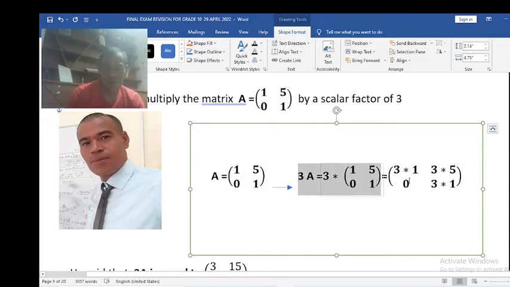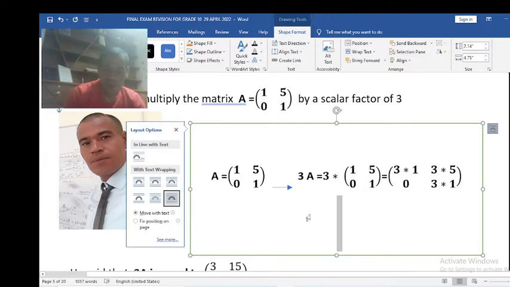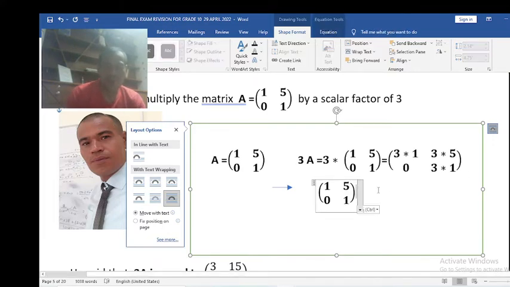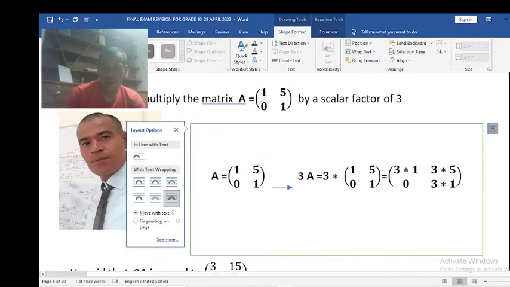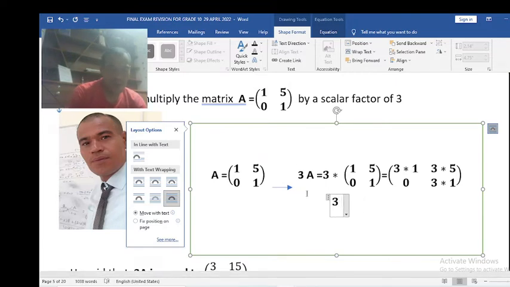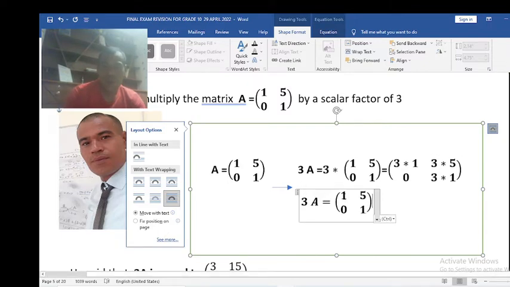Therefore 3a is 3 times a. So 3 times a is equal to 3 by 1 is 3, and this is 15, and this is 3.